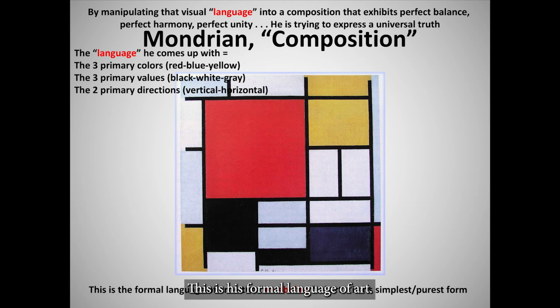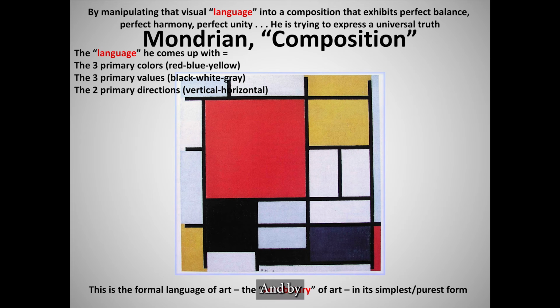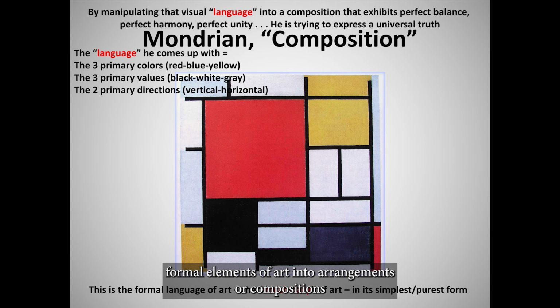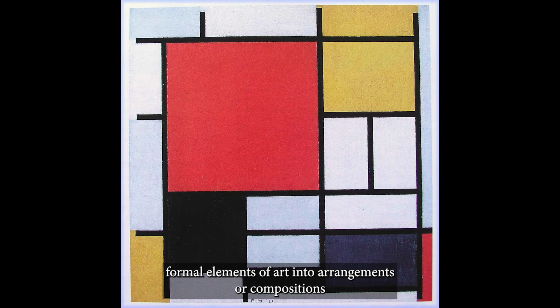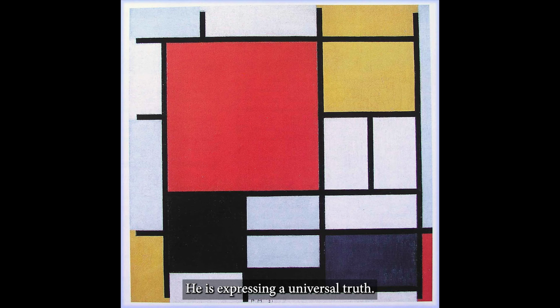This is his formal language of art, the vocabulary of art in its simplest, purest form. And by manipulating that language, those pure formal elements of art, into arrangements or compositions that exhibit perfect balance, perfect harmony, perfect unity, he is expressing a universal truth.